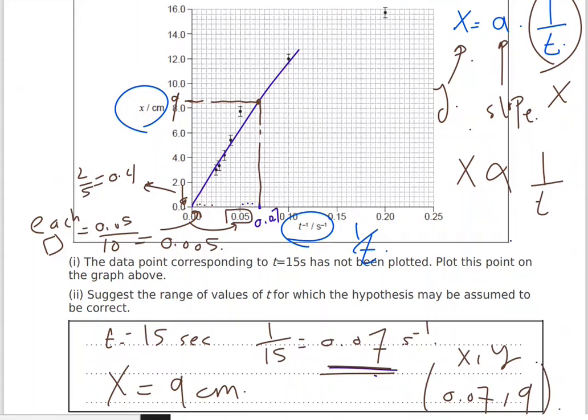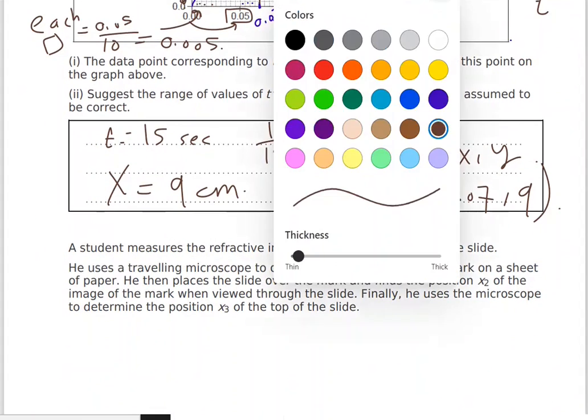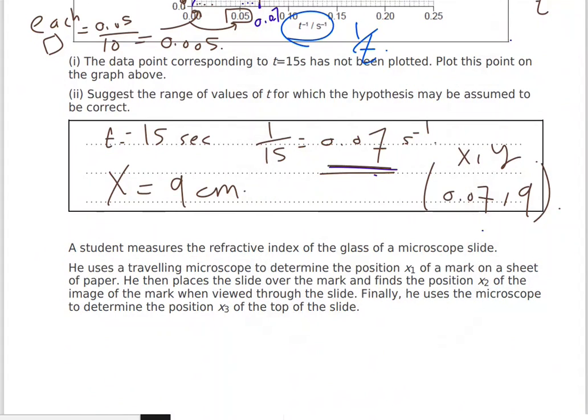Suggest the range of values of t for which the hypothesis may be assumed correct, so that means it could be wrong. But if we assume the hypothesis is correct, x is directly proportional to 1 over t.